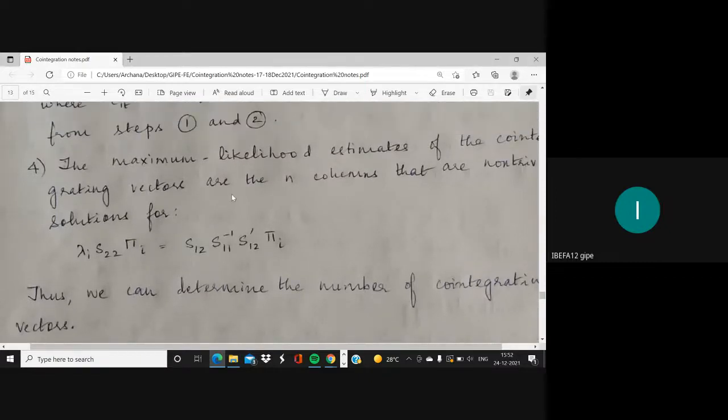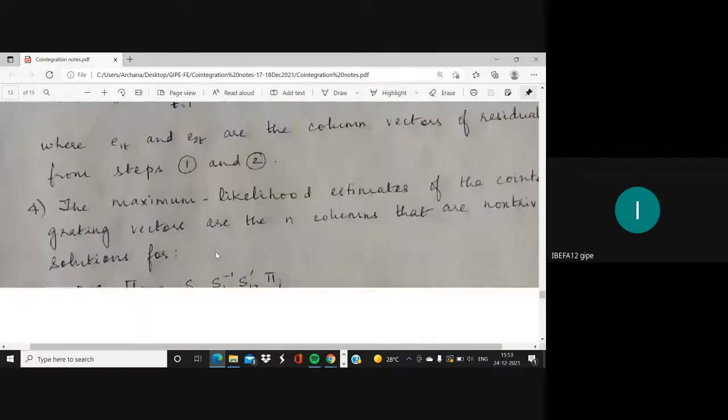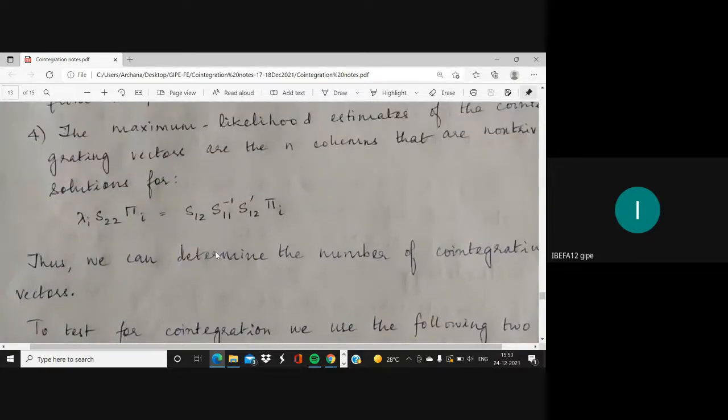Then for the Johansen test, maximum likelihood estimation is used. So the maximum likelihood estimates of the co-integrating vectors are the n columns that are non-trivial solutions for this. So this portion might seem slightly complicated. It's generally not discussed. I'm just doing it for your information.